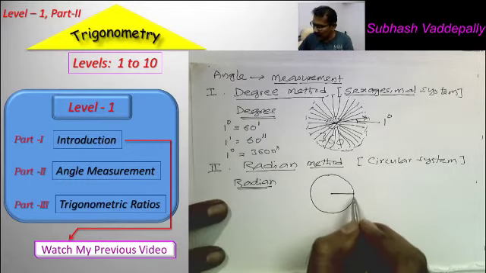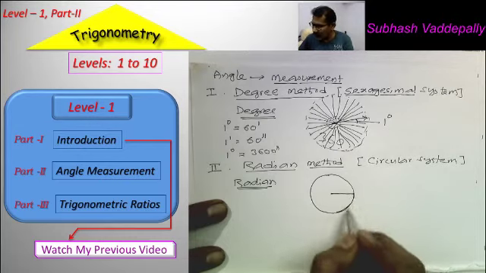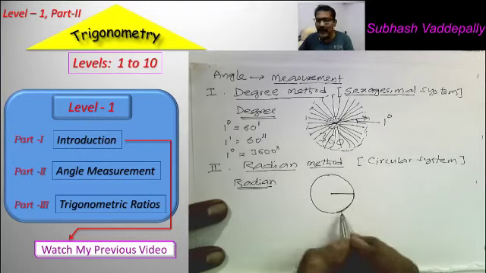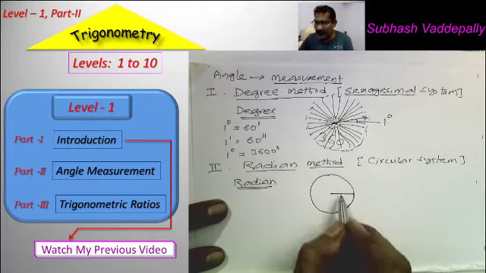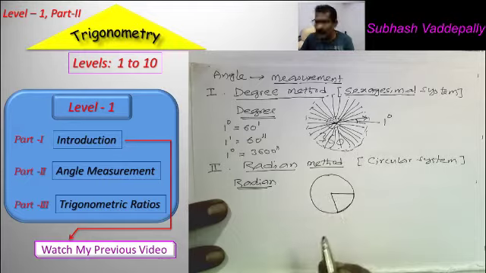I'm taking an arc which is exactly equal to the length of the radius. Say for example the radius is 10 centimeters, and I am taking the arc exactly 10 centimeters. Means the length of the arc is exactly equal to the length of the radius. Then I join the center to the other end of the arc.